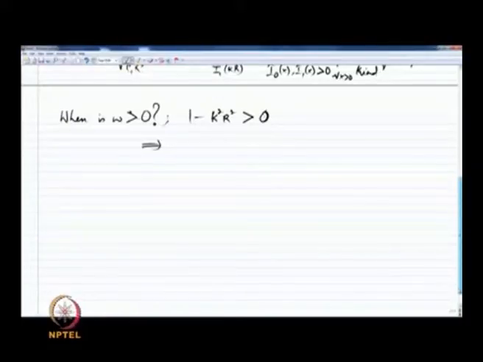Again we use the same condition: omega is positive when 1 minus k squared r squared is positive.